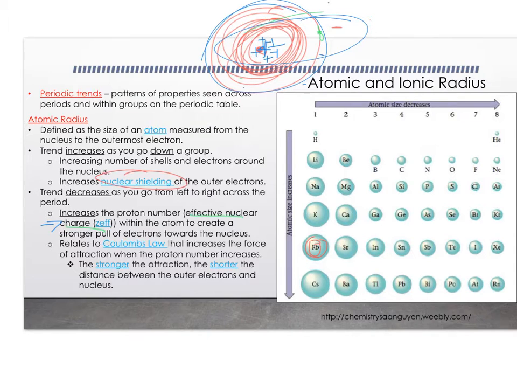And this is related to Coulomb's law, where you are increasing the force of attraction, which is going to create a shorter distance between the outer electron and the nucleus. So you're not affecting nuclear shielding as you go left to right across the periodic table, but you are increasing the effective nuclear charge, and that also increases the Coulomb effect, where the stronger the interaction, the closer these electrons are going to want to get, and that's why the size is going to decrease going across the periodic table.